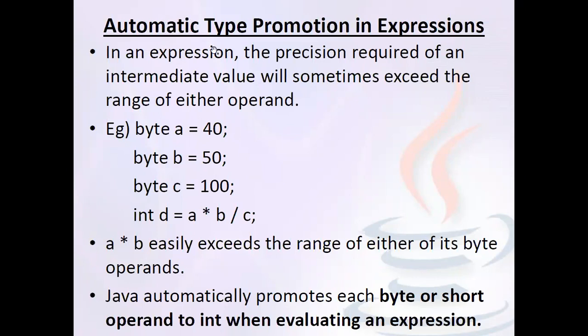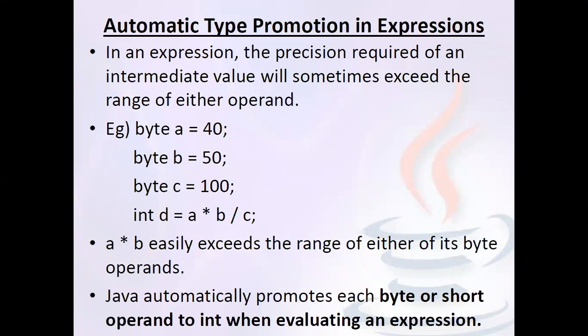In an expression, the precision required of an intermediate value will sometimes exceed the range of either operand. Under that case, it will get promoted. For example, byte A is equal to 40, byte B is equal to 50, byte C is equal to 100. Int D will be equal to A into B divided by C. If you just see A into B, 40 into 50 will become 2000. 2000 cannot fit in a byte because a byte is only an 8-bit value, which is from 0 to 255 if we take only positive values.